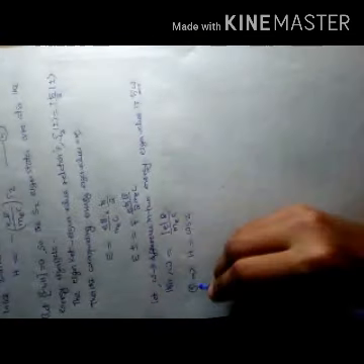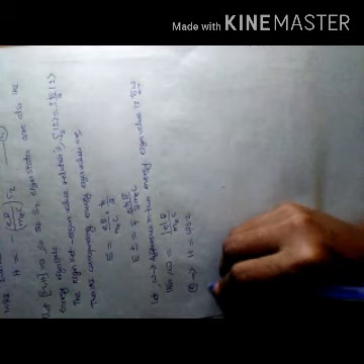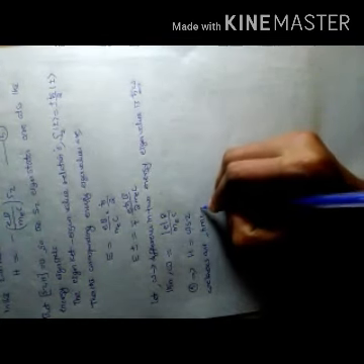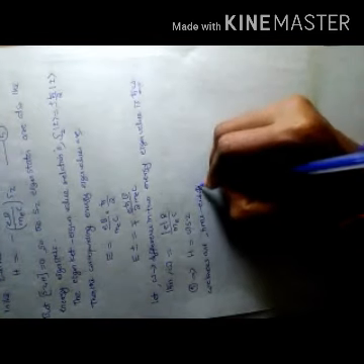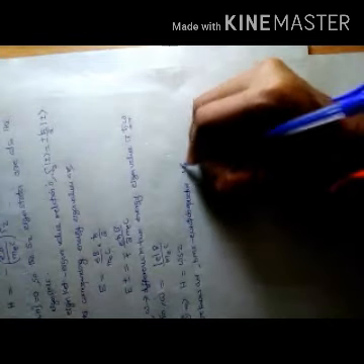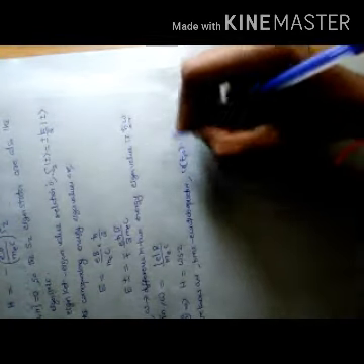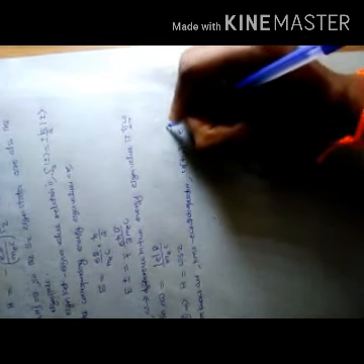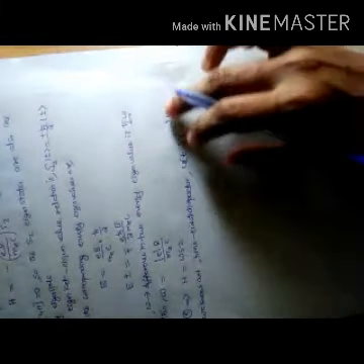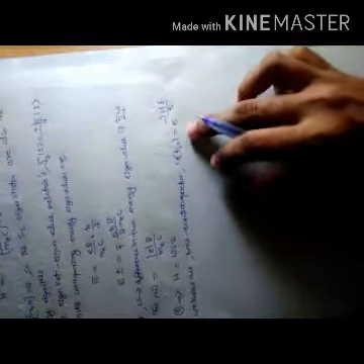Then we know our time evolution operator U(t, 0) equals e raised to minus Ht by h cross. This equation we also became familiar with from the Schrodinger equation solution.